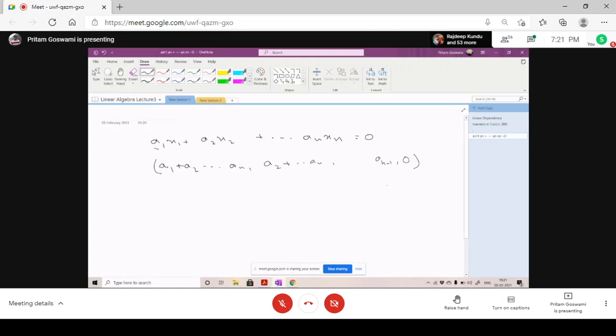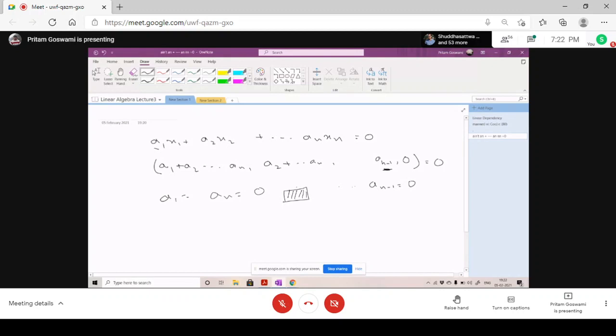The last coordinate will be an. So it should be a 0 vector. Then what will you get? an equals 0. It is for sure. If you put an equals 0 in the previous equation, you will get another value, and like a chain reaction, you will get all zeros from a1 up to an.